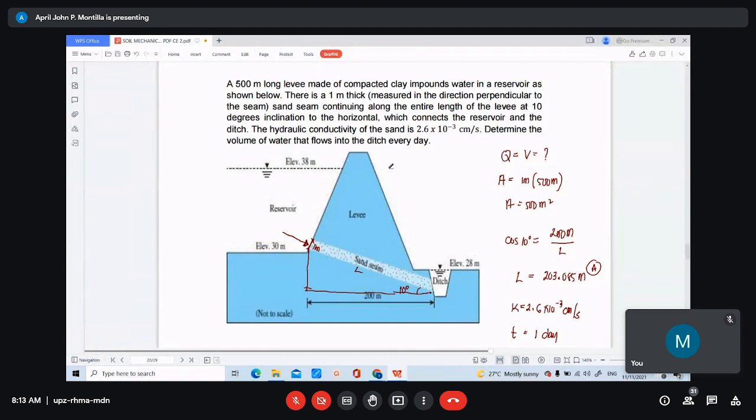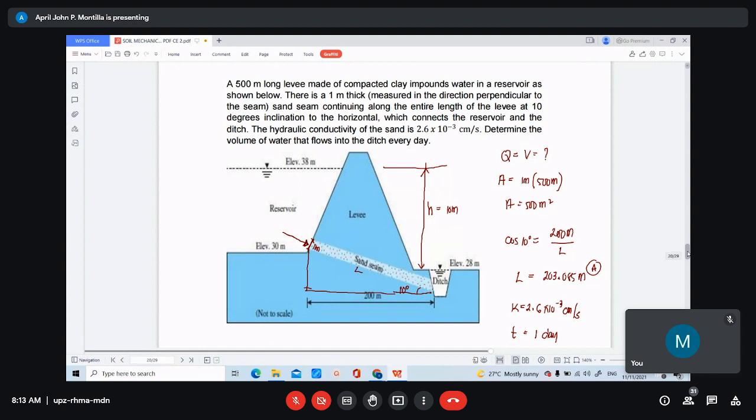No? If we are going to take the difference between the high energy and the low energy, that will be the value of head loss. No? High energy and low energy na nakakabit sa magkabilang dulo ng layer ng soil natin. No? So that is elevation 38 minus elevation 28, 10 meters ang head loss.